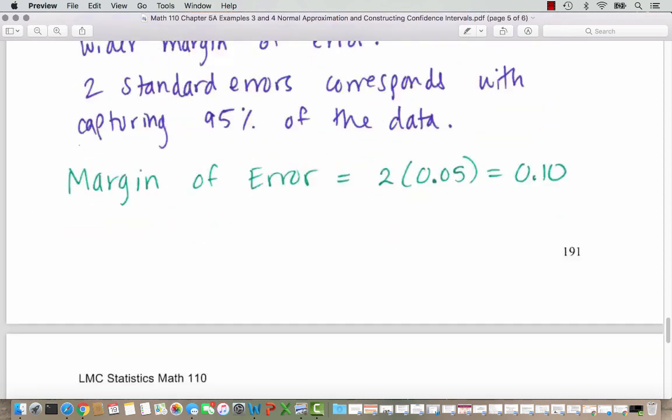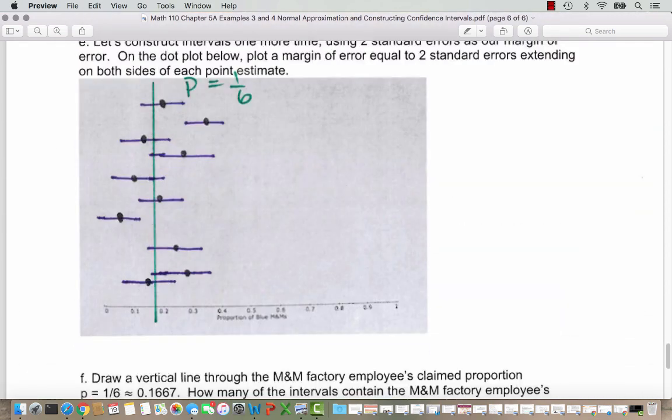So now on the next graph, I have constructed intervals going out 0.10, with my best estimate with my drawing skills. So I've got my dots in the center of the interval. Those are my point estimates from each sample data from these 10 groups. And then I tried to draw out the margin of error 0.10, equal to 2 standard errors. Then I drew a vertical line through the M&M factory employee's claimed population proportion of 1 out of 6.